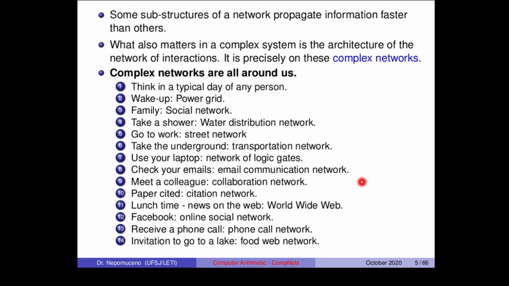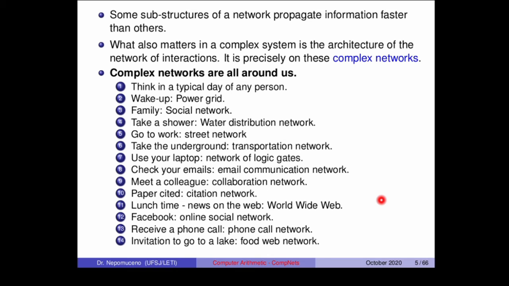In the middle of the day, we meet a colleague and you use a collaboration network. If you are a researcher, you can get a citation of your paper, and what you have is a citation network. At lunchtime, you take a look at the news on the web, so you use the World Wide Web.